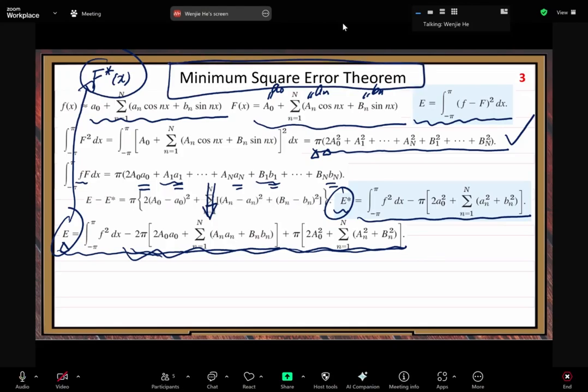To see that, we need to compare capital E and capital E star, because here we have these two expressions explicitly. Can we use capital E minus capital E star, take the subtraction? If we take that, the first term cancels out.